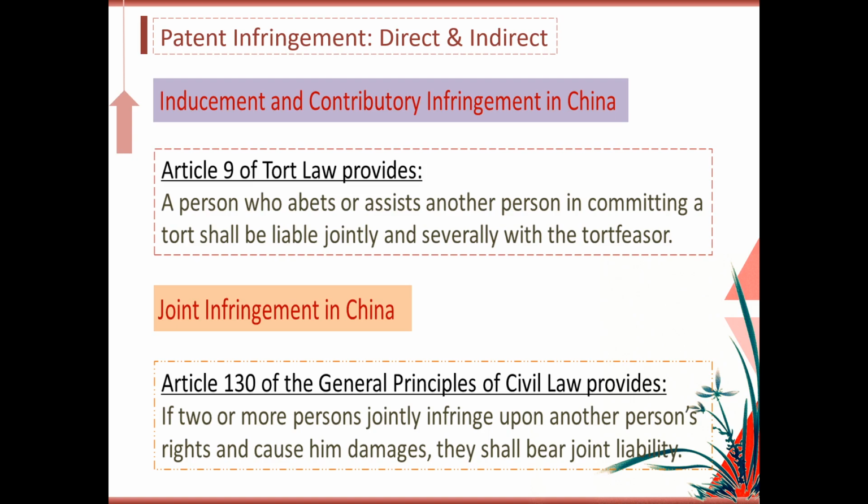Joint tortfeasorship means A and B are both considered infringers. They both directly infringed the patents. Whereas in the case of inducements and contributory infringements, Party A is a direct infringer.